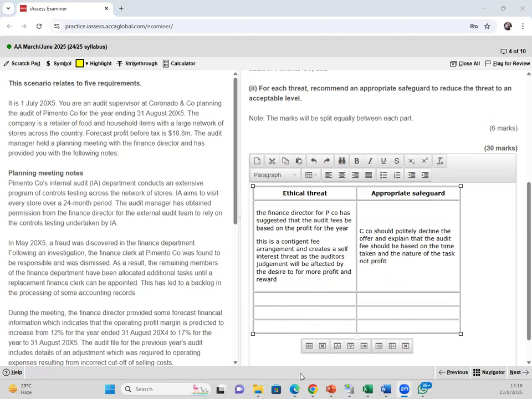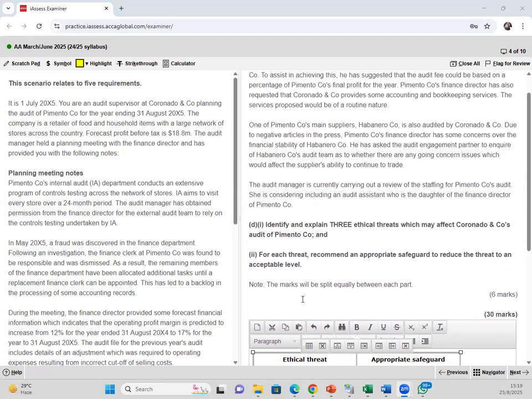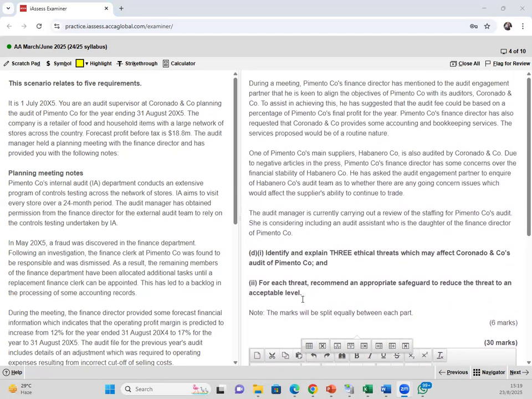But the other ethical threat I might think of is self-interest, since the audit manager is planning on including the daughter as the finance director.